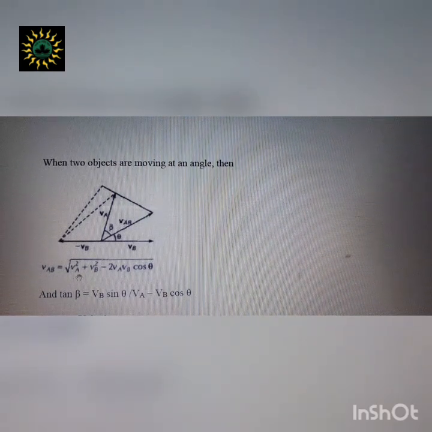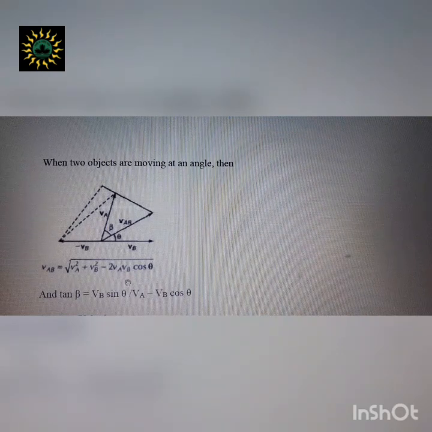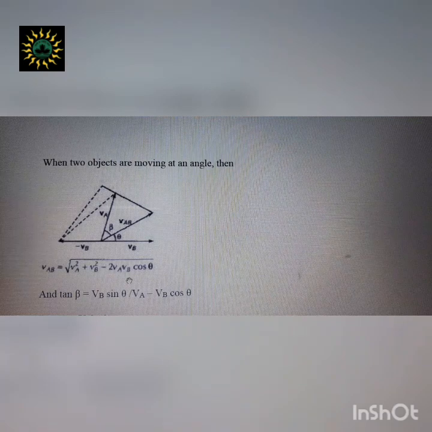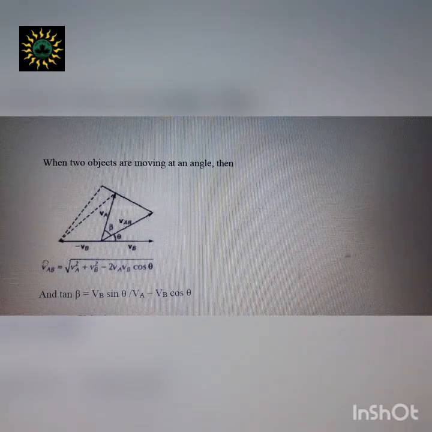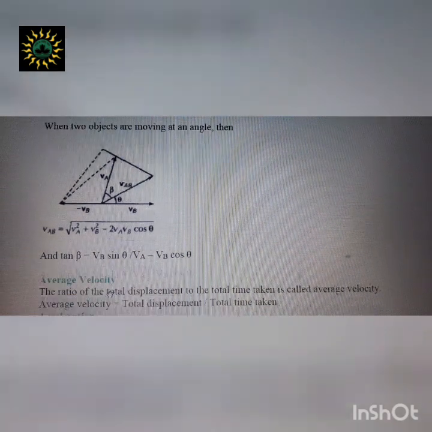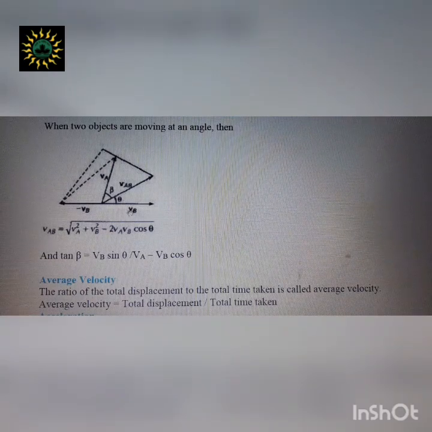Basically that is the parallelogram law. You will know more about it in the next chapter, motion in a plane, when you study the vector part. So just remember this equation: the relative velocity is expressed like this.